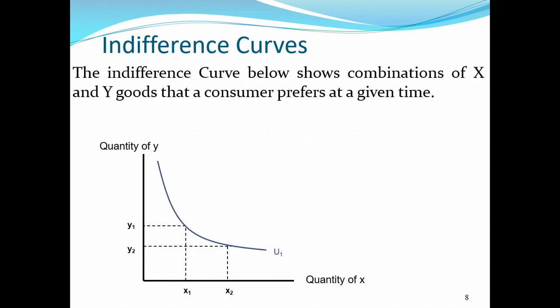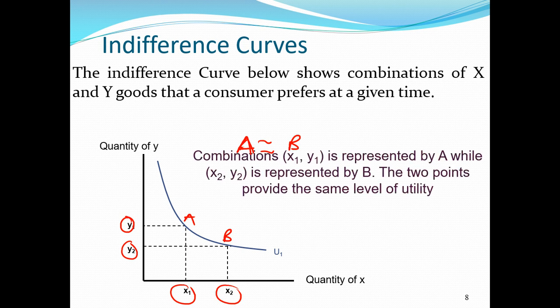So the case is like this one here, where we have good X and good Y. We have good X1, Y1 and good X2, Y2. Let's say there's a point there A, and then there's a point there B. So the consumer is indifferent between A and B. No wonder these two bundles are lying on the same indifference curve.